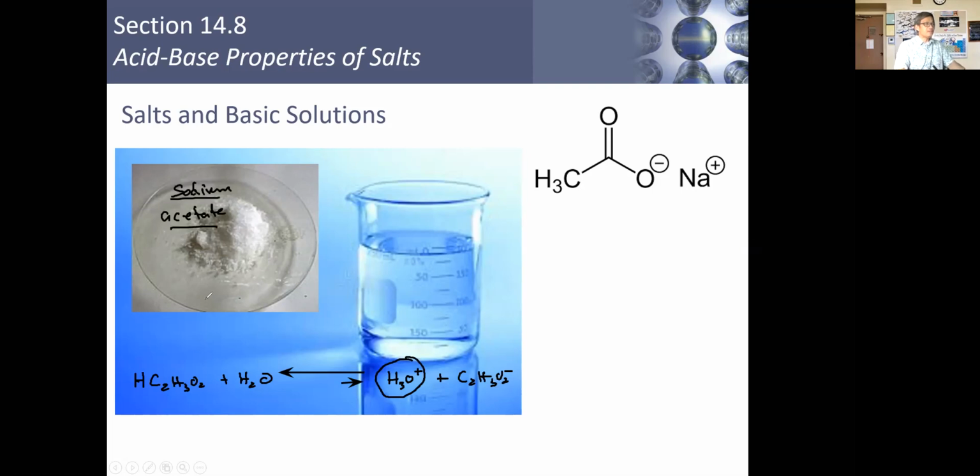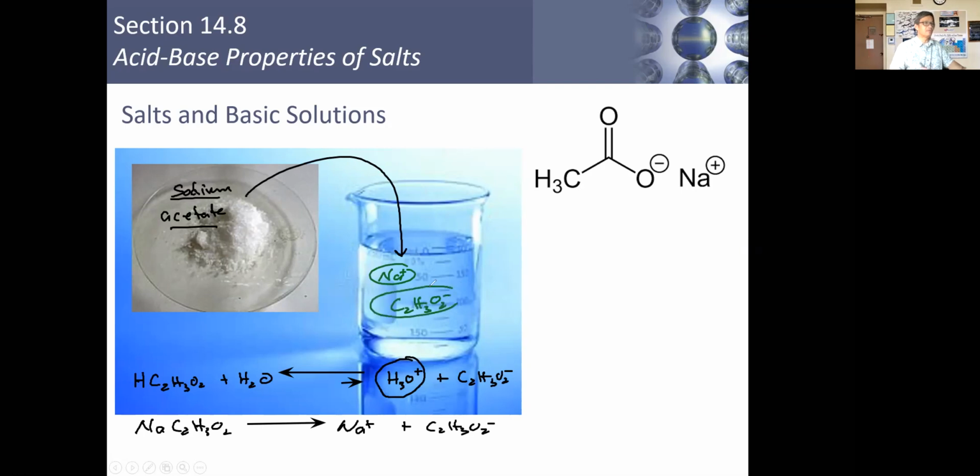Okay, so with sodium acetate, let's imagine what happens here. If you add sodium acetate into water, it's going to dissolve in water, and we're going to form sodium ions and acetate ions. So what's floating around in the water is sodium ions and acetate ions.